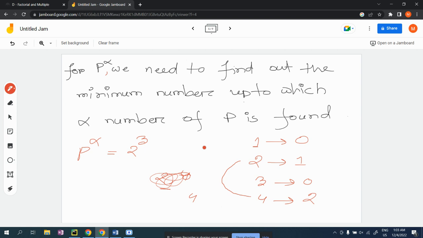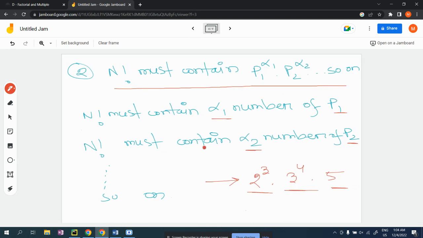That's why I wrote that we need the minimum number up to which alpha number of p is found. That minimum number is 4. You can go further to 6, 8, but those will only increase the number of twos, and we don't need more twos. We need only 3 twos, so 4 is sufficient. So for 2 to the power 3, we need 4.